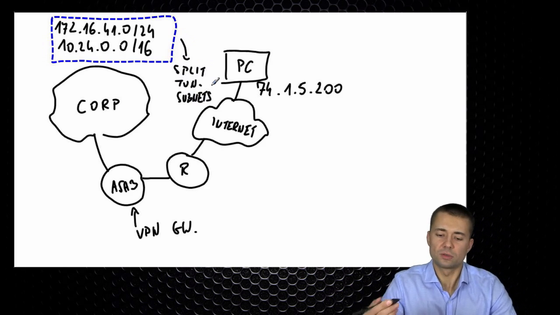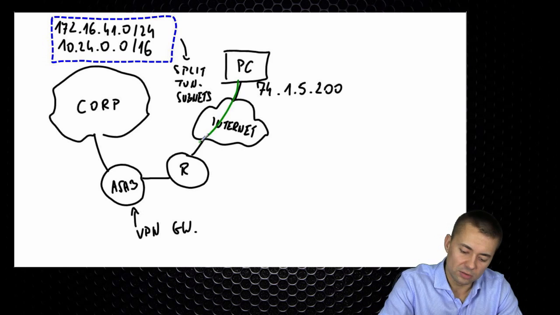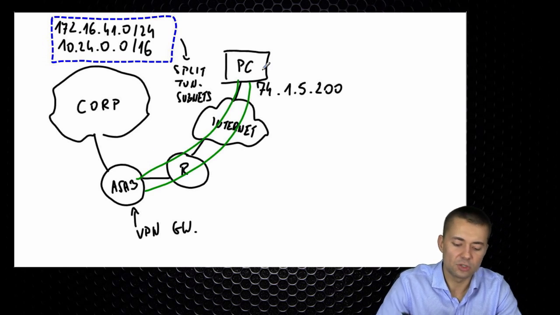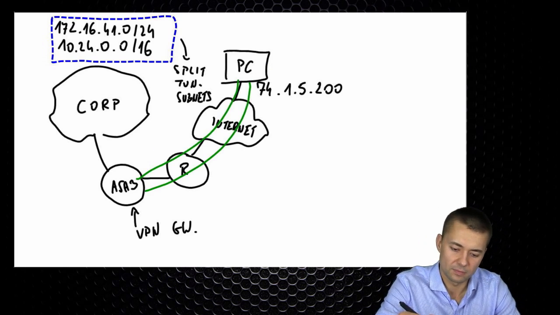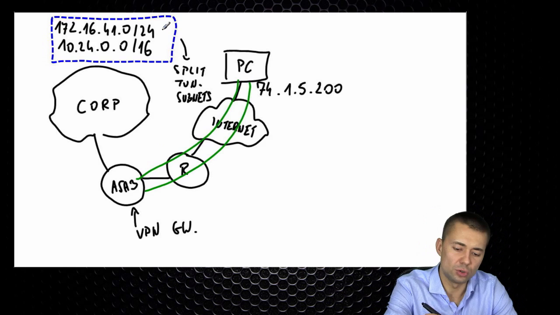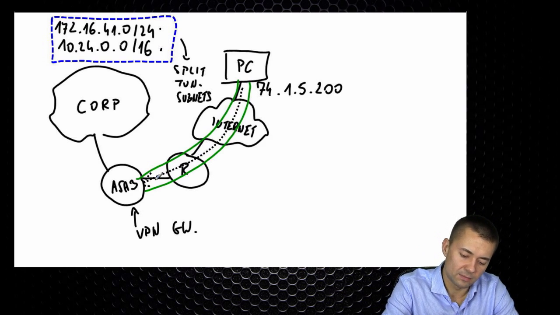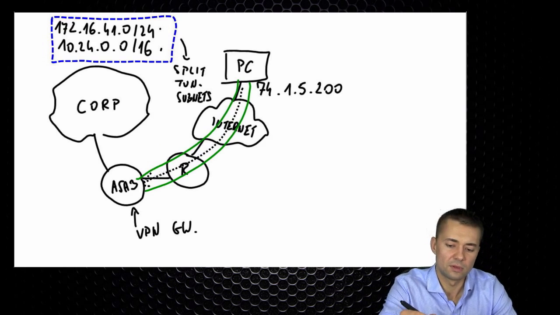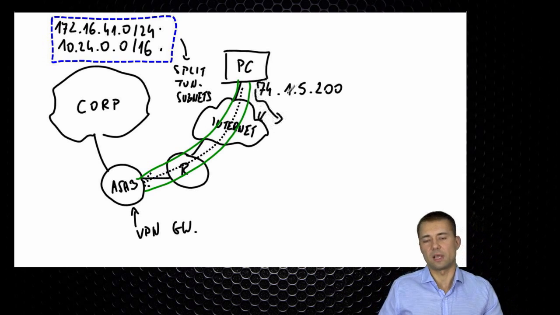In other words, when the tunnel is built and terminates on the ASA, whenever the PC has a packet to be sent to one of these two, this or that, this traffic is going to be sent through the tunnel. Now everything else goes in clear to the internet.